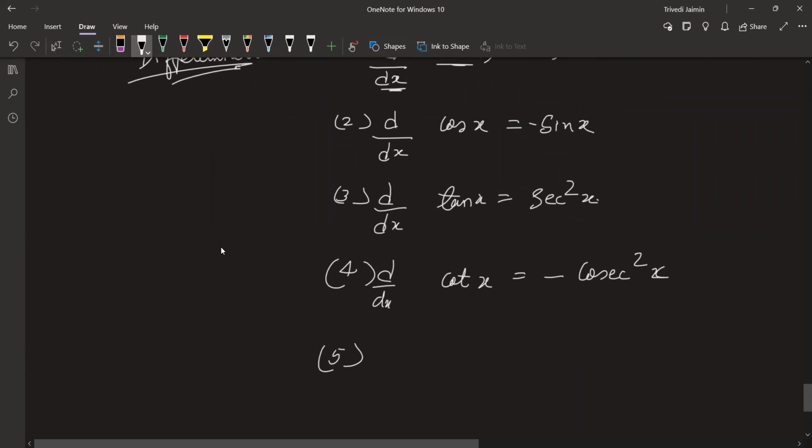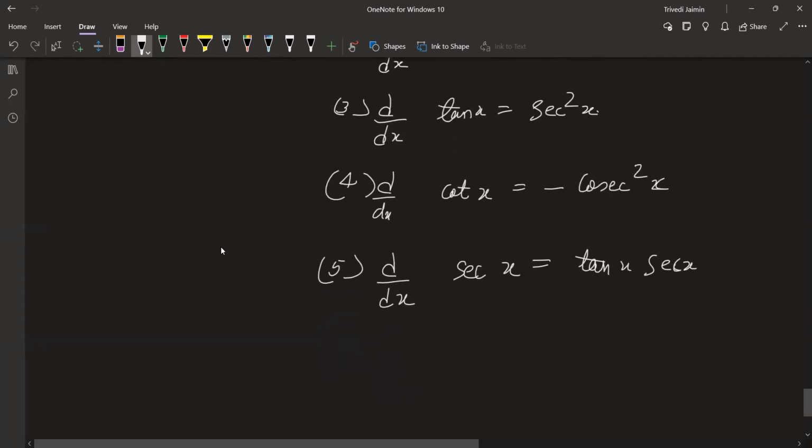Fifth, d by dx of sec x will be sec x tan x. Then the same goes for cosec x: it is minus cosec x cot x.